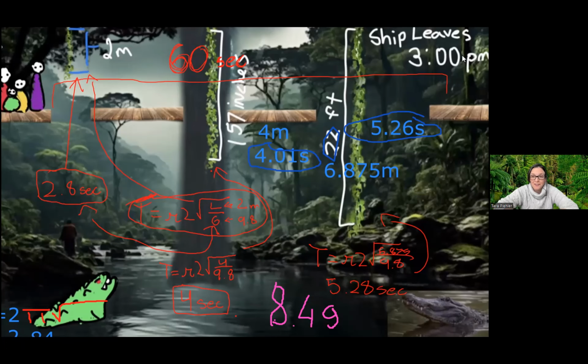Yeah, so the way they have it set up here, everybody gets on the first one and then they all pile onto the second one next. Yeah, that's what I was thinking. So you're saying as this one is swinging, the next one can also swing, correct? Yes. That's awesome thinking, man.